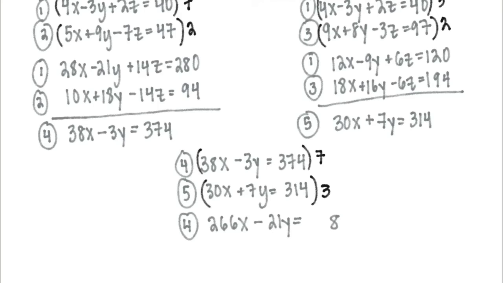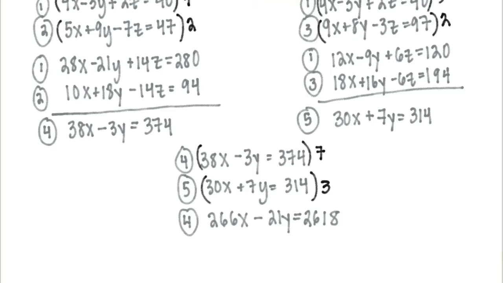That's going to be an 8, and then a 1, 26, so 2618. And definitely check my numbers. You have your calculator there to the side. Make sure 374 times 7 is 2,618.